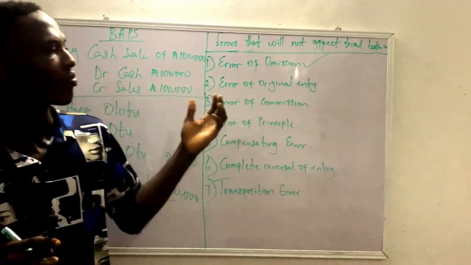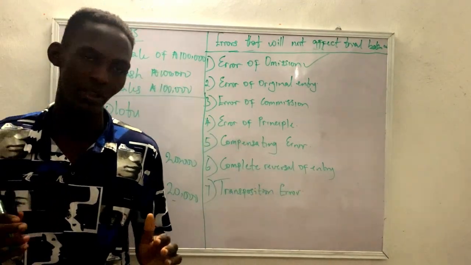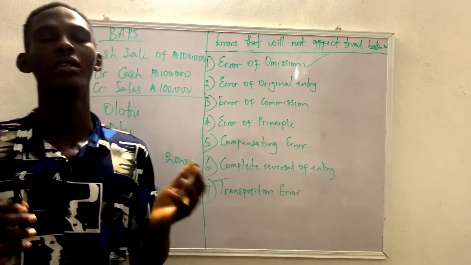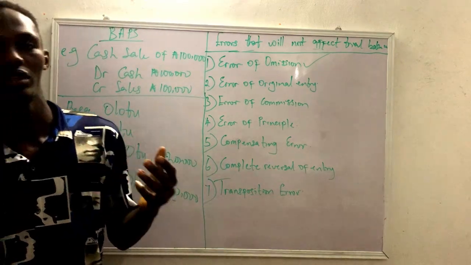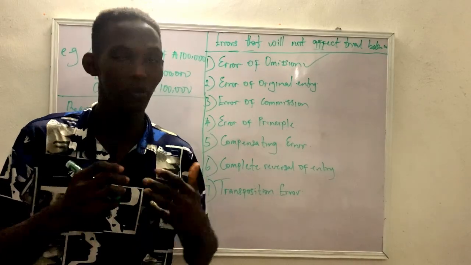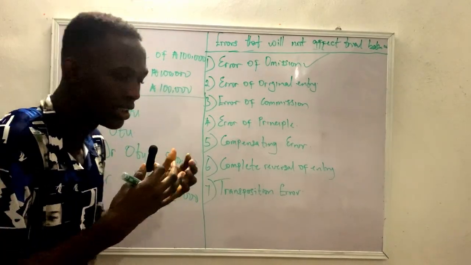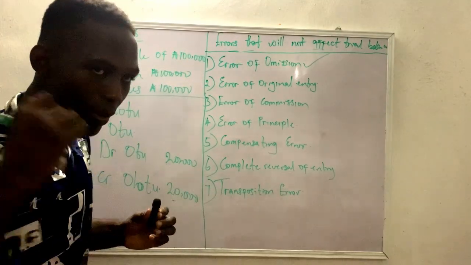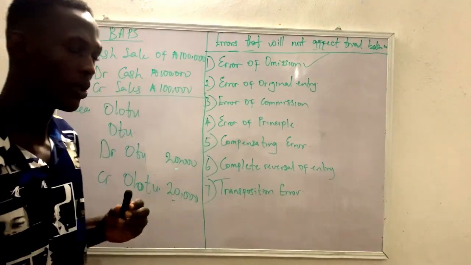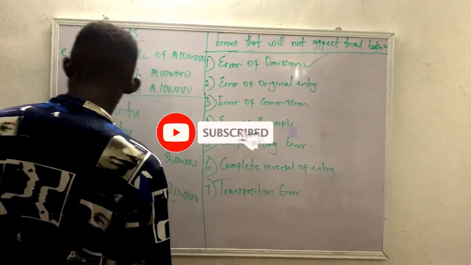That is, the error occurs between, let's say, an asset and an expense, or it could be an income and equity, or it could be asset and equity. Whatever way it comes from, there's no fixed form for this. You understand? But just know that they are not within the same class of account. They are of different classes of account. For example, in our two previous classes, when we were dealing with ledger, I was dealing with a particular item.